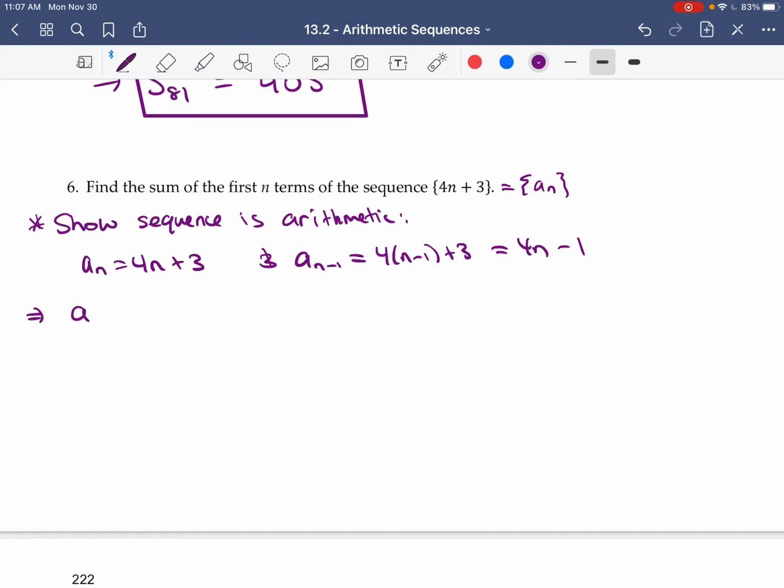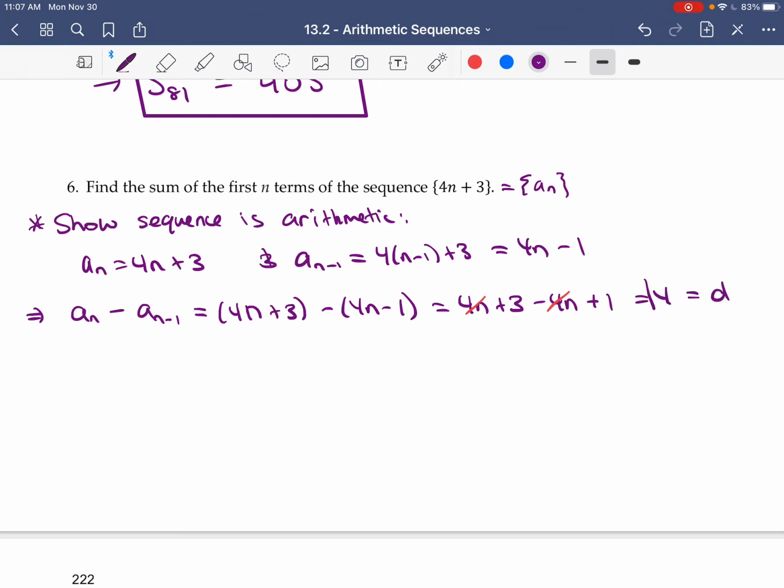So that means that a_n minus a_(n-1) is 4n plus 3 minus (4n minus 1). So that's 4n plus 3 minus 4n, minus negative 1 is plus 1. Okay, the 4n's cancel out, and I get a 4, which is a constant, so that's my common difference. So that means that it is in fact arithmetic.